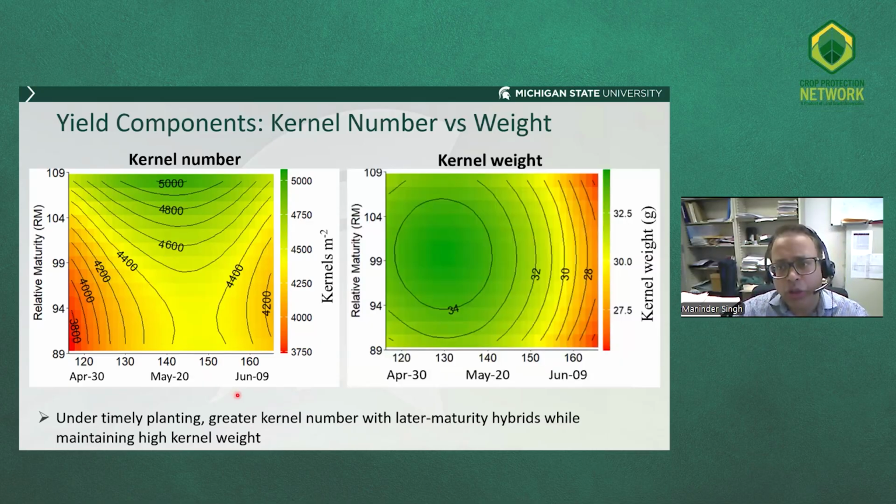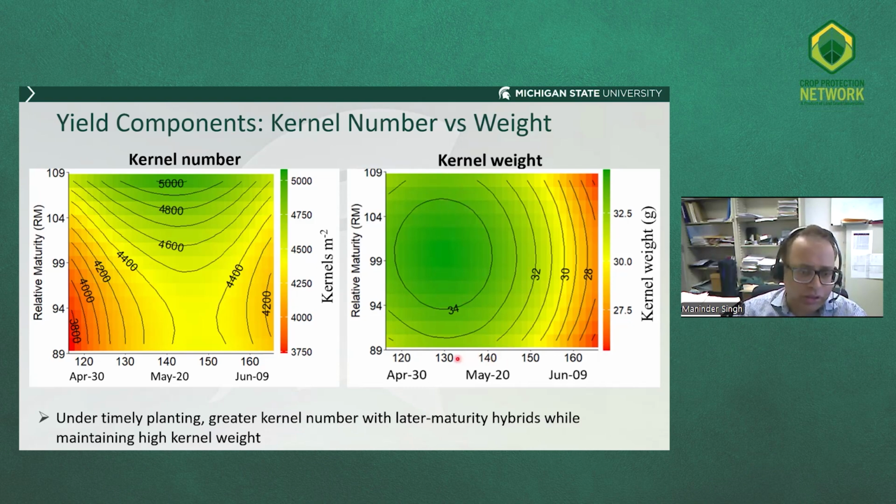So we did not see that. Fortunately, we were able to push those higher number of kernels while maintaining a pretty good kernel weight. You can see typically 30 to 32 grams is pretty typical for 100 corn weight, and we were maintaining or even pushing a little bit higher up to 33 or 34 with those early plantings, longer maturities, right?